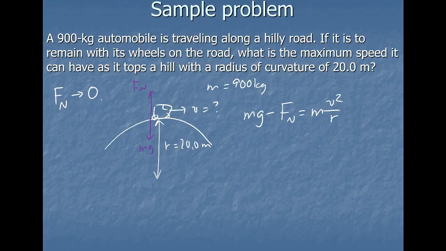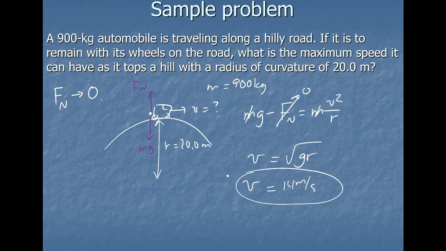And that's kind of a boundary condition because if it's going any faster than the speed that we're going to calculate, then the normal force basically disappears because it flies off the road. So that goes to 0, the m's cancel, and v turns out to be the square root of gr. So 20 times 9.8 is 196, and the square root of that is 14 meters per second. Okay, so the mass of the automobile is irrelevant.